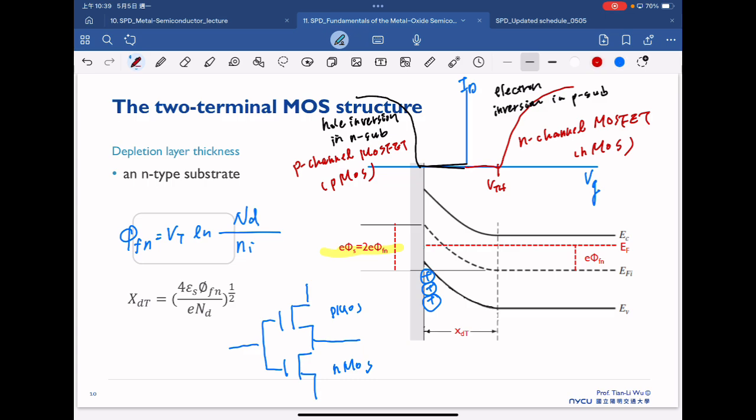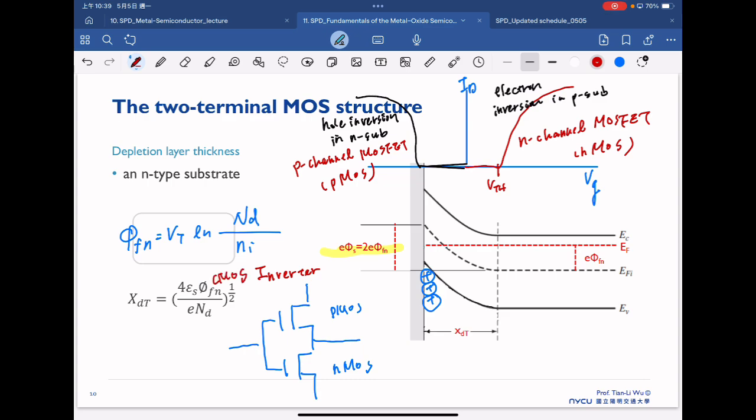So this is very important for our logic circuit. This simple structure we call an inverter, and the combination of P and N we sometimes just call a CMOS.